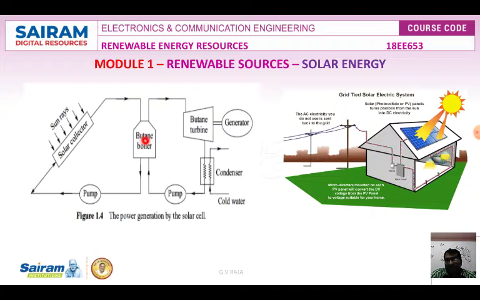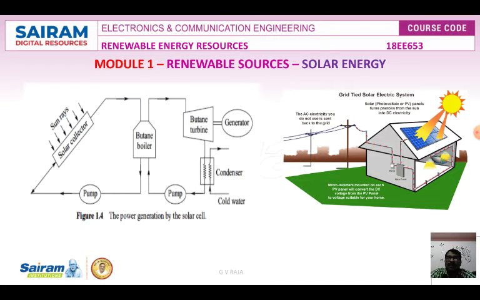This butane gas, under high pressure from the boiler, is taken to the butane turbine to perform mechanical work, like rotating the turbine. The generator is coupled to the turbine to generate electrical power. The potential power generation by solar energy is nearly 1.75 into 10 power 11 megawatts.